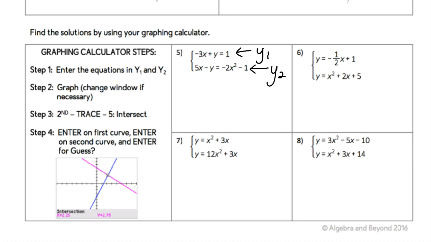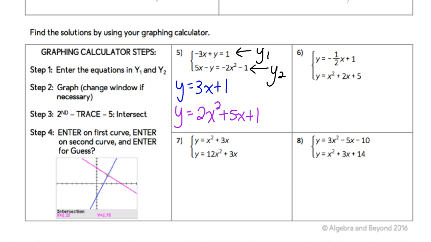So you would have to rewrite each one in slope-intercept form, or if it's a quadratic, you would still have to solve for y. So that second one would be y equals 2x squared plus 5x plus 1.